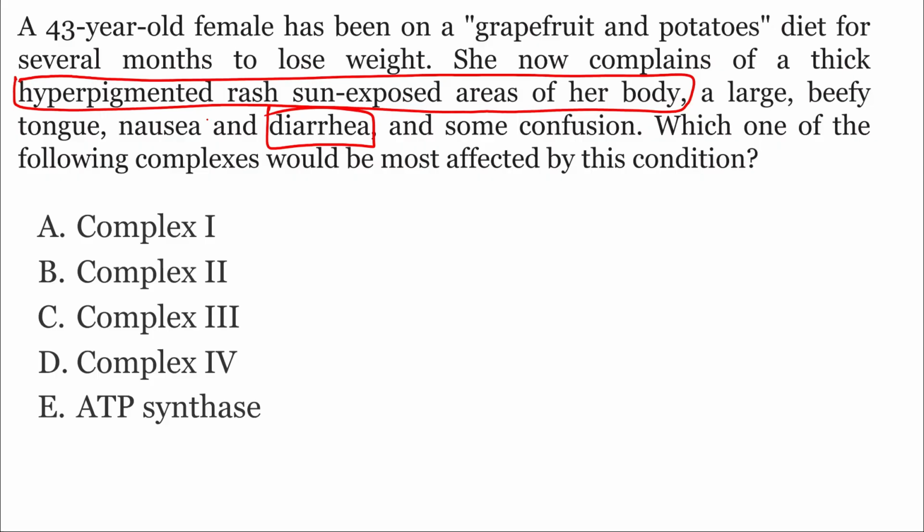And niacin is contributing to the coenzyme for which complex in the electron transport chain? It is complex 1. Remember, complex 1. NADH plus enters into complex 1 to oxidize into NAD plus. So deficiency of niacin will lead to deficiency of NADH plus H plus or NADs overall. So complex 1 is affected. That's why your answer should be complex 1.